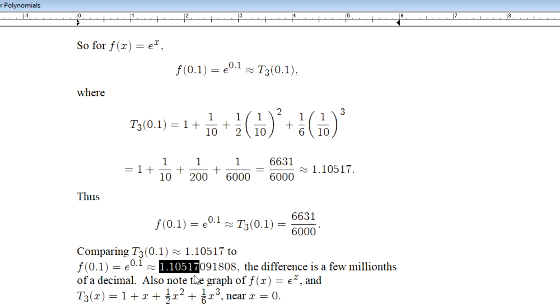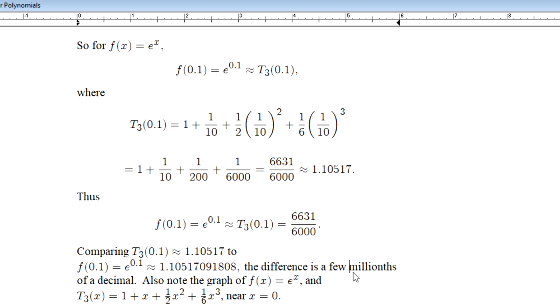10,000th, 100,000th, and notice if we would round to the nearest millionth, this would round up to just 1 in value, and we really only have a difference of about 1/millionth in value. The difference here is just a few millionths of a decimal, if not just a few 10 millionths of a decimal in value.